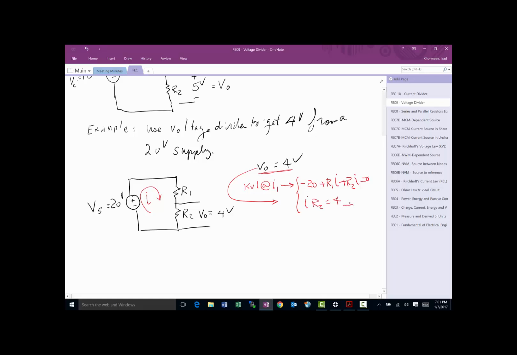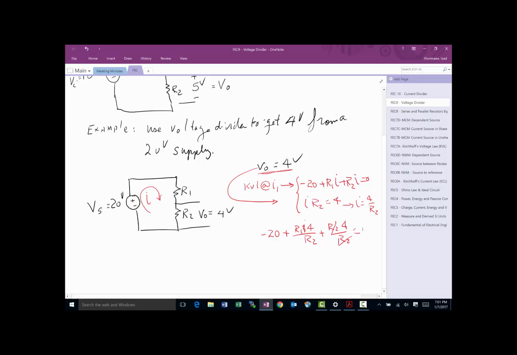from here we can find I is equal to 4 over R2, and I can take that and replace it in the top equation, which gives me minus 20 plus R1 times 4 over R2 plus R2 times 4 over R2.